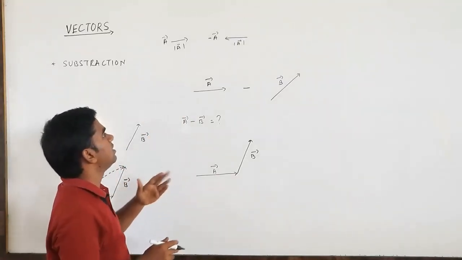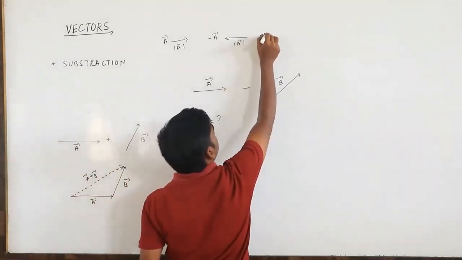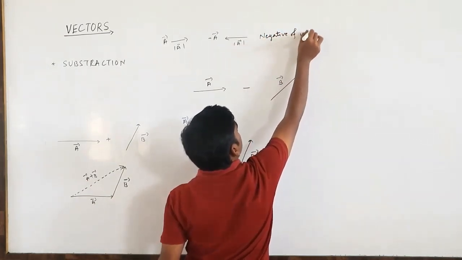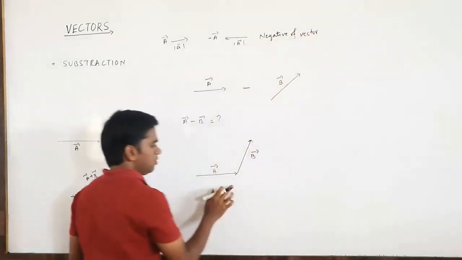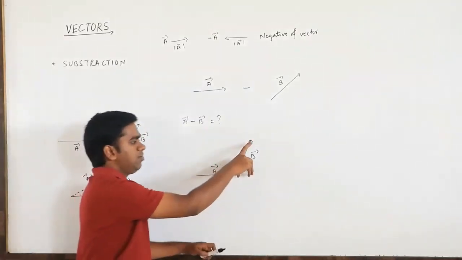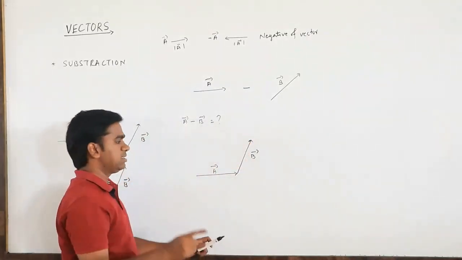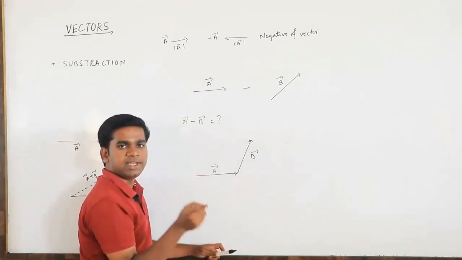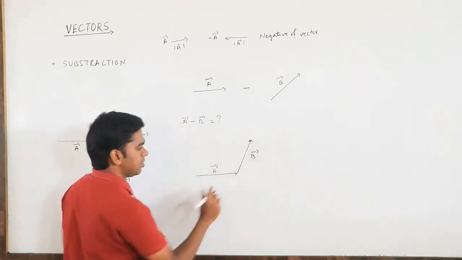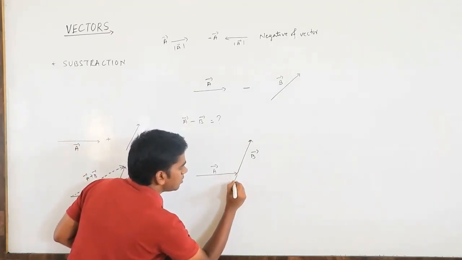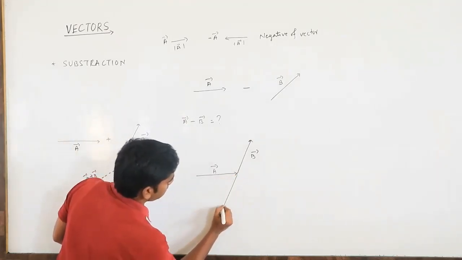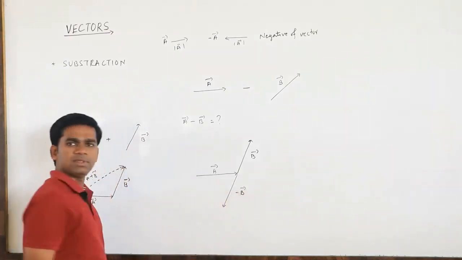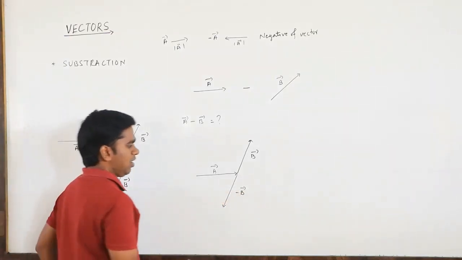So the same thing we are going to use here. In place of B, minus B is required. Minus B is nothing but the same vector B, but in the opposite direction. Magnitude is the same, but direction is opposite. So I will take it here. This is minus B.